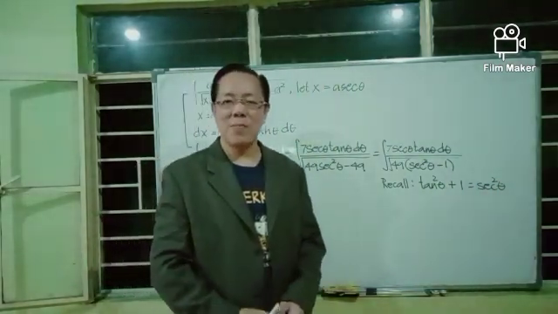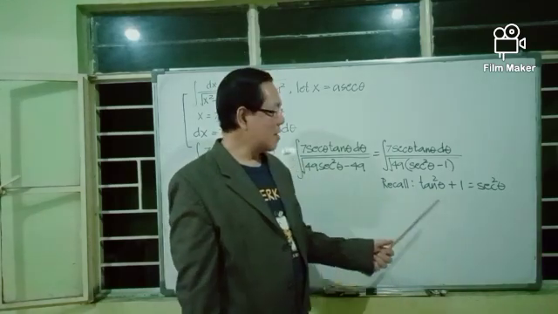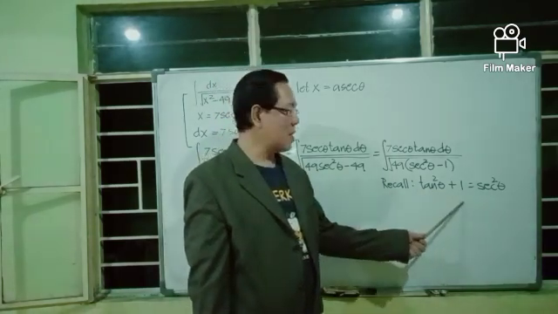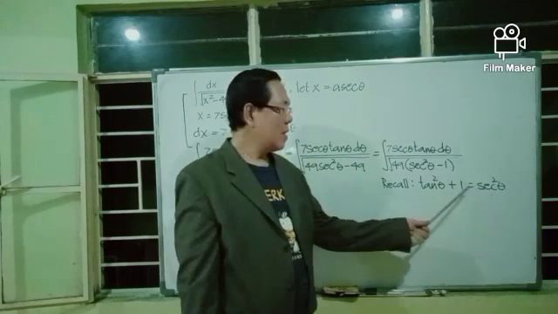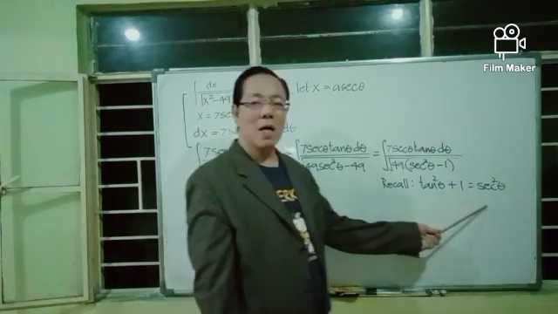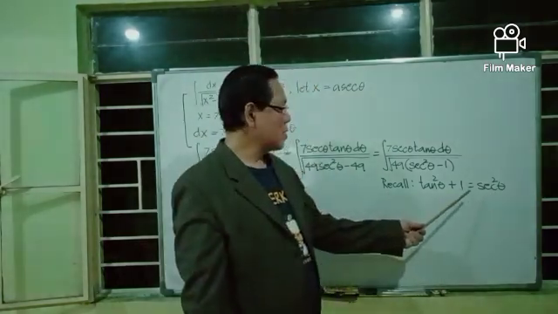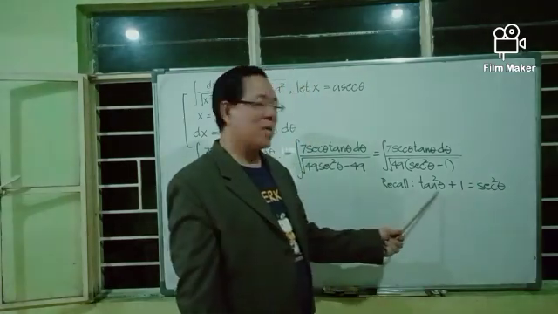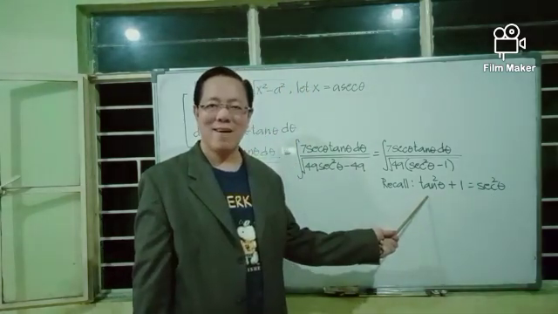One of the 3 Pythagorean identities says that the square of tangent plus 1 is equal to secant squared theta. And we transpose 1 to the right hand side. And we would get secant squared theta minus 1 is equal to tangent squared theta.